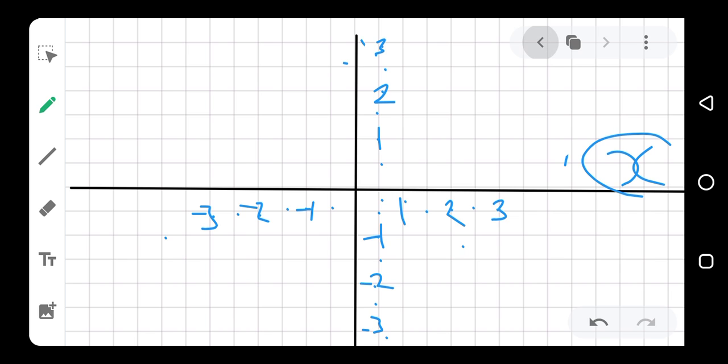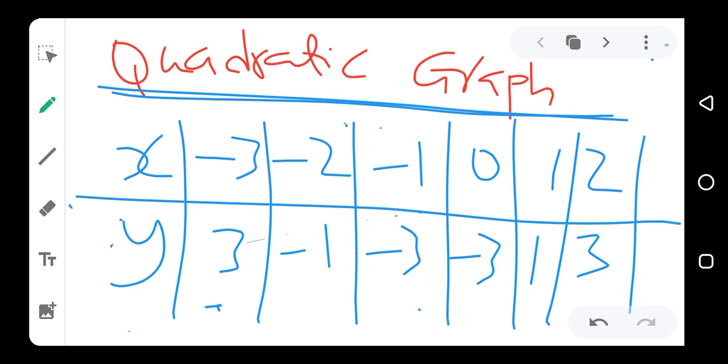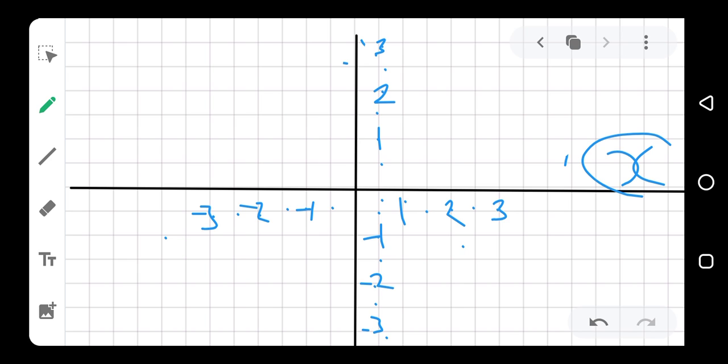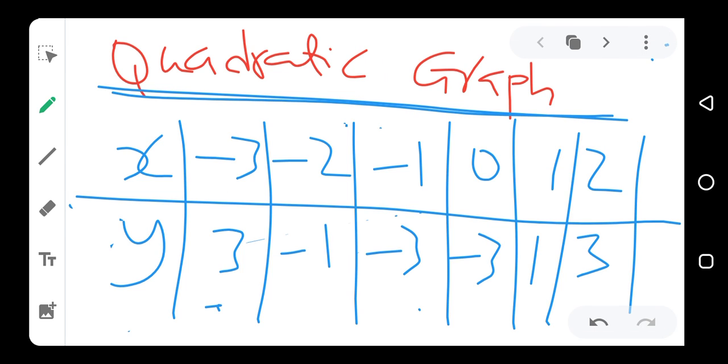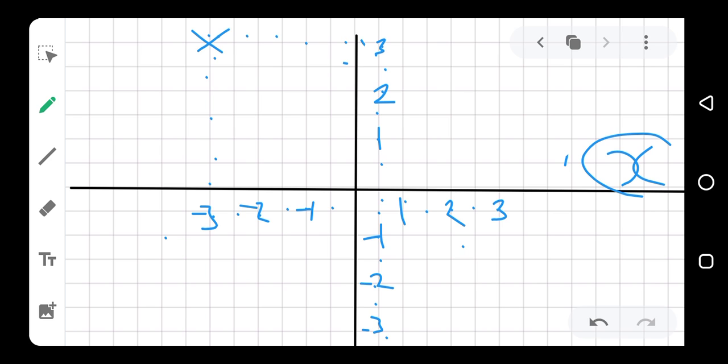Now we plot -3 and +3. -3 in the x-axis and +3 in the y-axis. This is +3 and this is -3. So we trace the lines for each of them, where they join, that is the junction. We asterisk it. We go to the second number, -2 and -1, -2 for x and -1 for y.